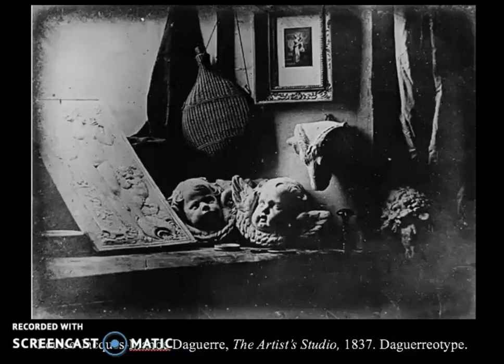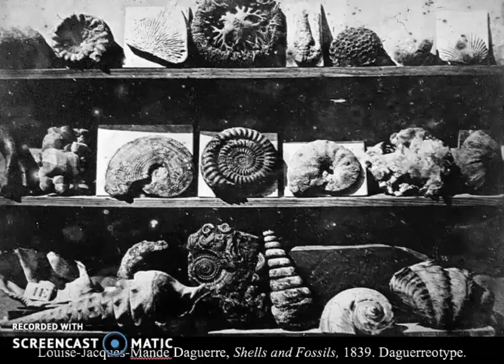So he creates this very interesting still life through this photograph. And he does this many times, often cataloging fossils and different scientific records, as well as art. And you can imagine how important that would be for a photograph, not only as an artistic medium, but to capture fossils and scientific information.